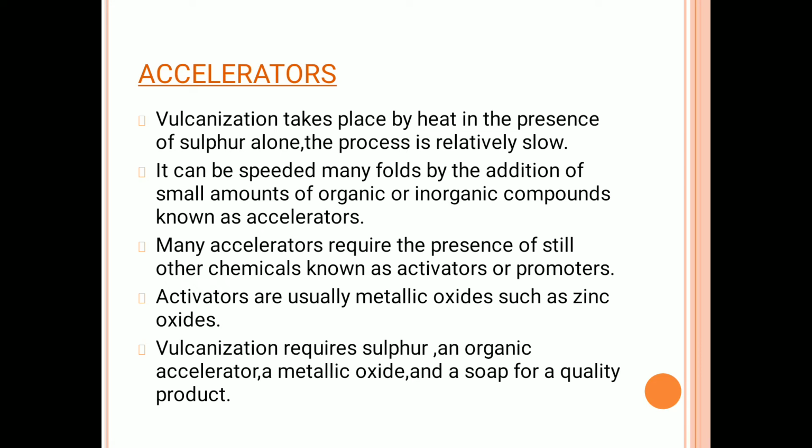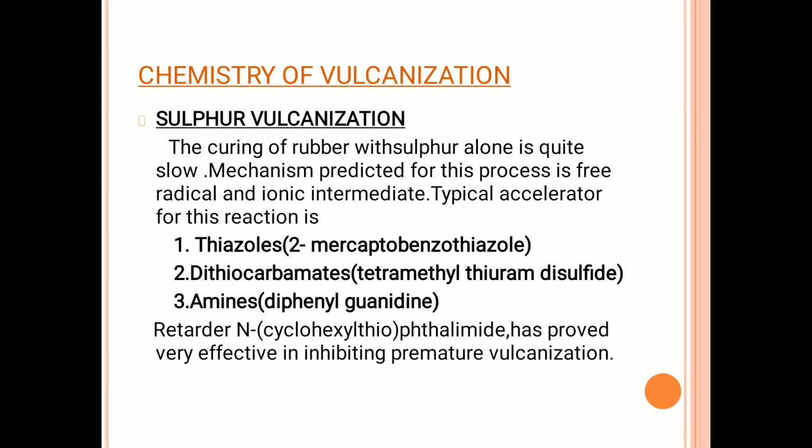These speed up the reaction many times faster than without them. Thus we can conclude that vulcanization requires sulfur, organic accelerators, a metallic oxide, and a soap for effective processing, to obtain a quality product and a good yield.